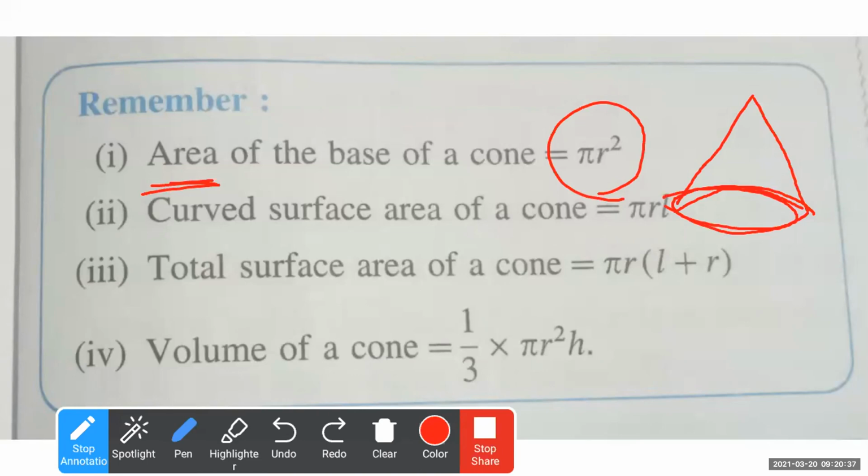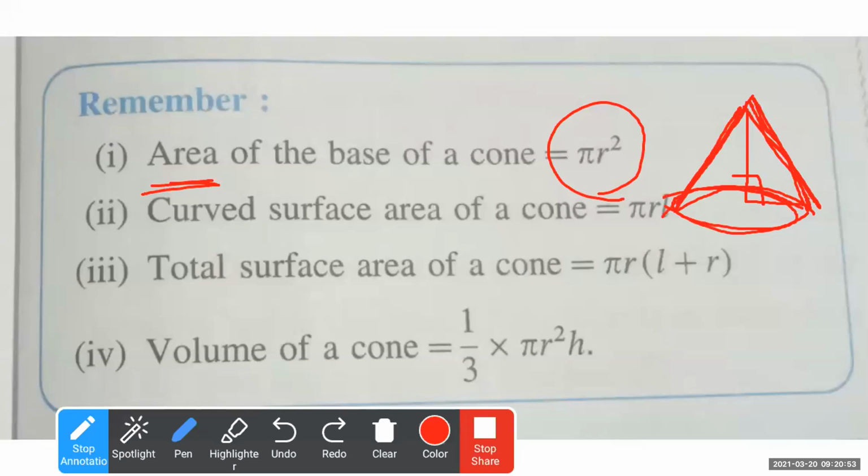So here in the cone there will be two heights, students. This is one height, and this is also a height, but it is a slant height.